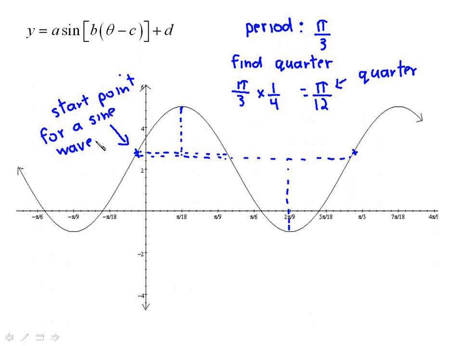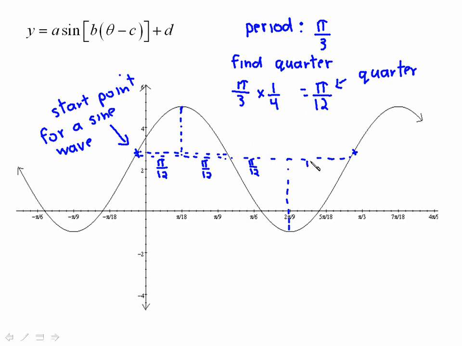We simply have to find out where that's located. And because we know that the crest is pi over 18, we just have to go back pi over 12, because each one of those sections is pi over 12. So pi over 12 this way, pi over 12 this way, pi over 12 this way, and so on like that.